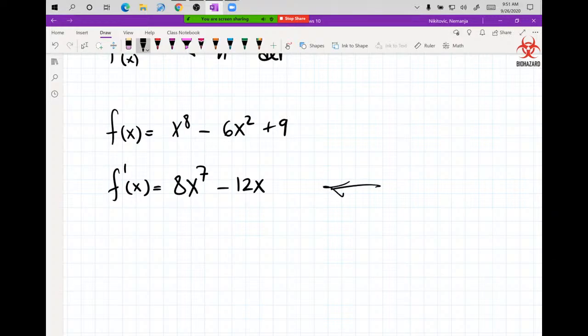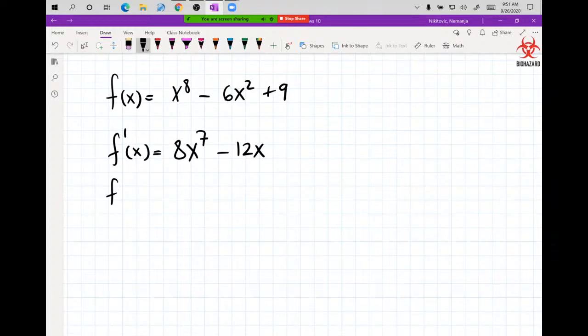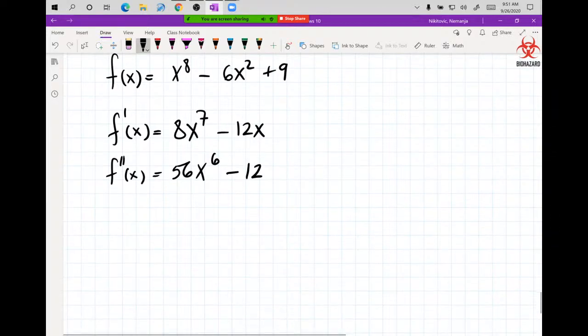Is this a new function? Yes, it is. Can you take its derivative? Yes, you can. But that gives you the second derivative. 8 times 7 is 56, x to the 6 minus 12. So now, can you take another first derivative?